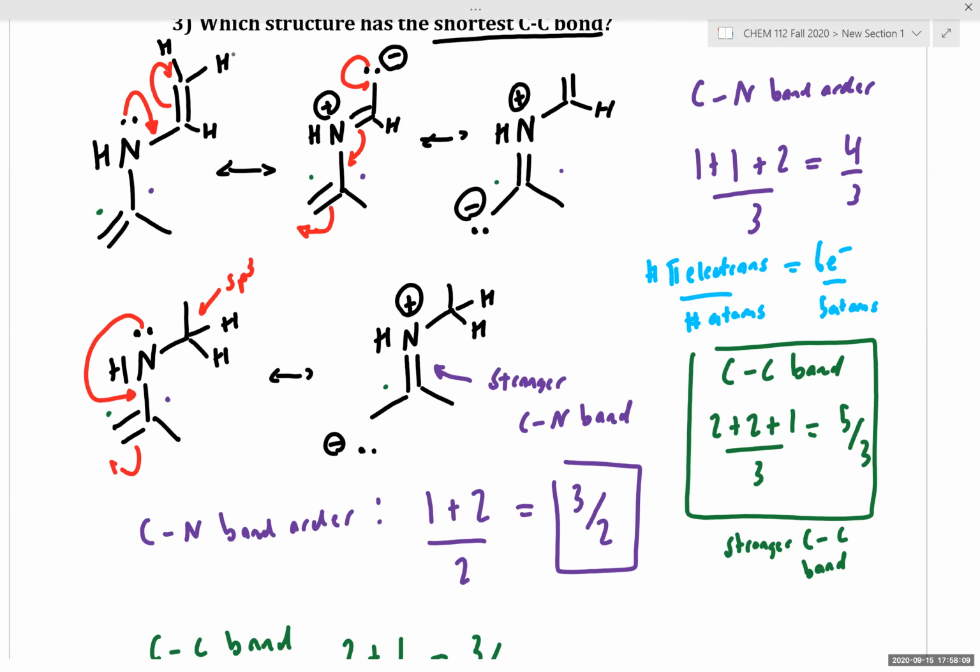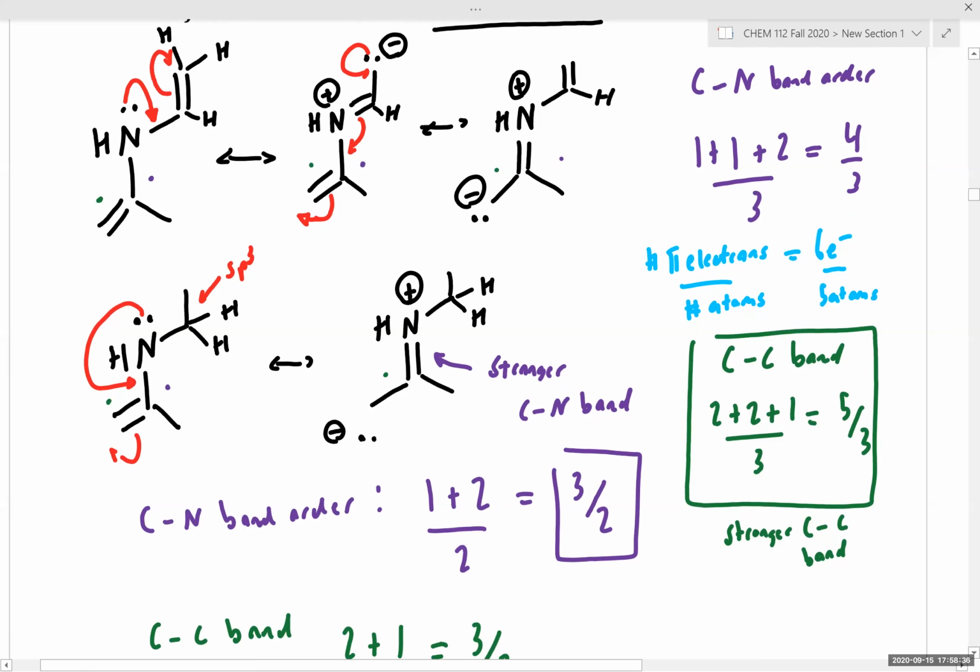I know sometimes the book doesn't draw a lot of the implied hydrogens, and in later parts of the class we'll always be aware that these implied hydrogens exist, but especially early on, drawing them out will help us see whether or not we're still following the octet rule. Does that make sense? Perfect. Are there any other questions I can address on this example?